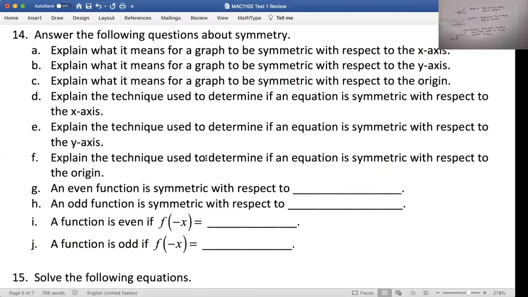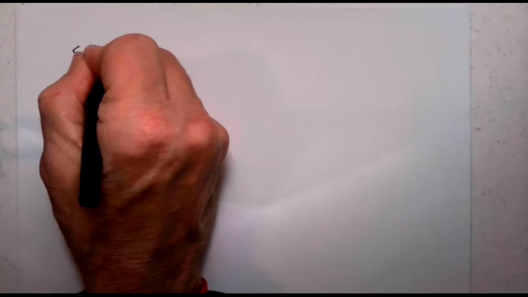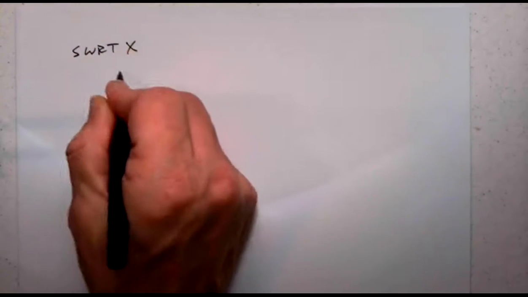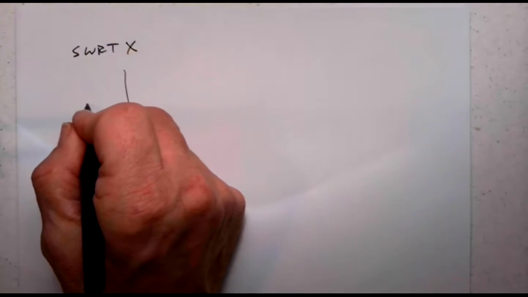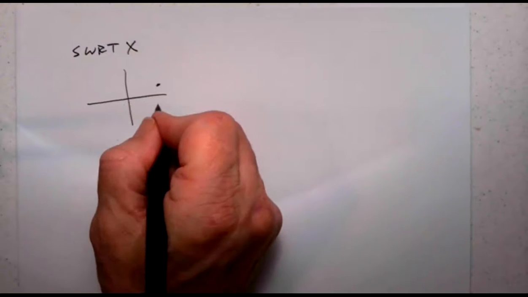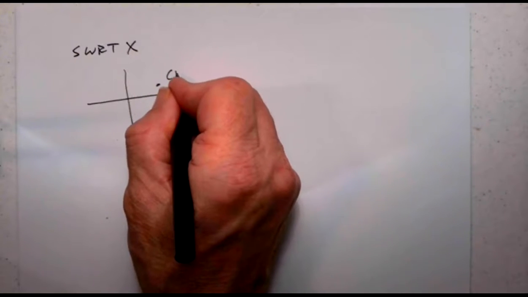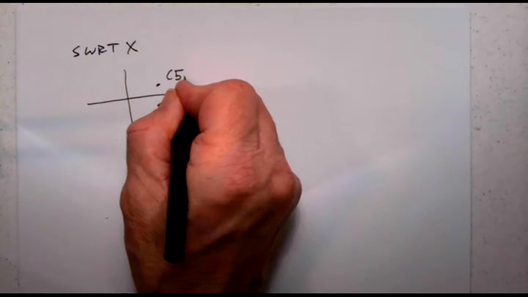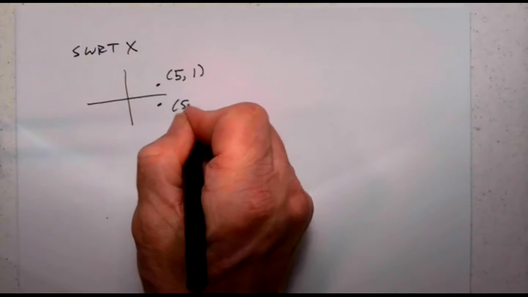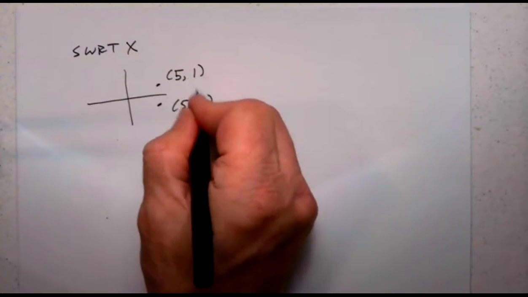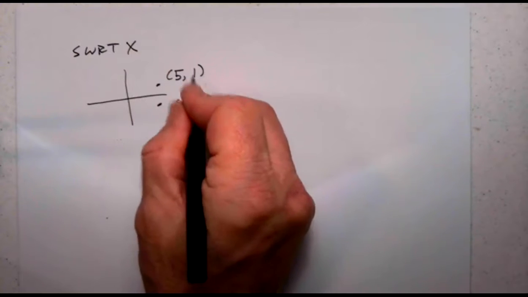Explain the technique to determine if something is symmetric with respect to the x-axis. Well, here's the idea. What's our technique for determining if a graph is symmetric with respect to the x-axis? So I have this point and I have this point. For example, this point might be (5, 1) and this point might be (5, negative 1). You'll notice the y values are opposite of each other.